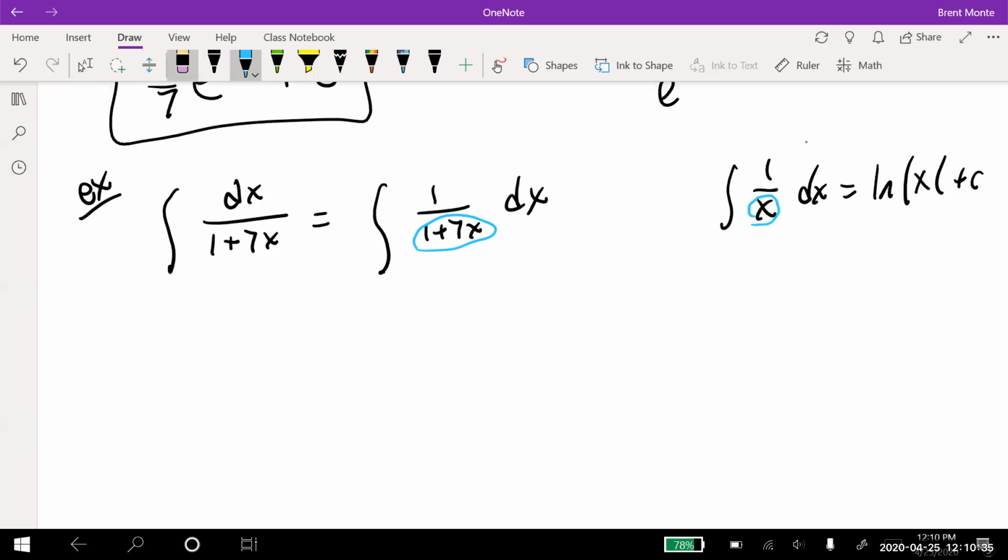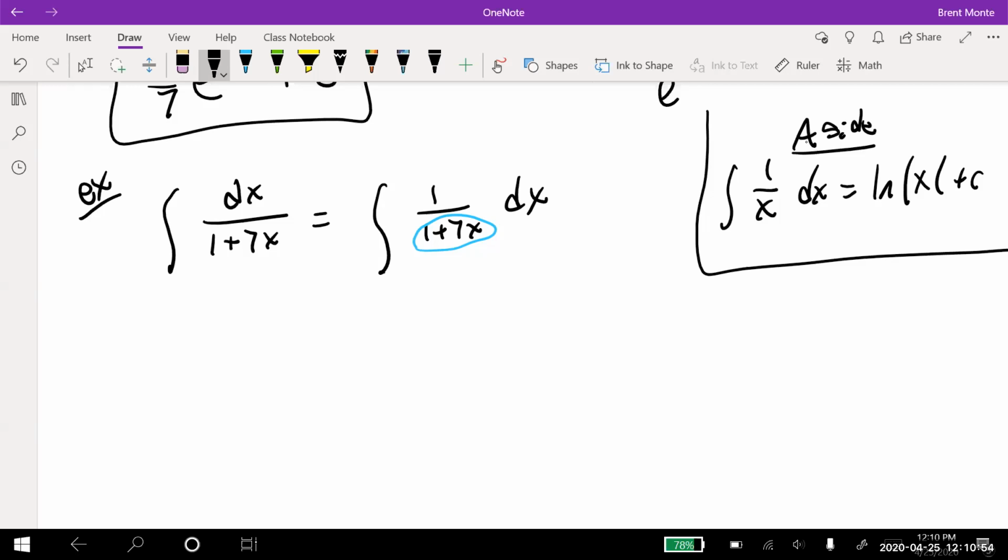I'm going to erase that circle around the x because I don't want you to think that in this problem we're using u as the x. We're using u as the 1 plus 7x. So this is kind of an aside. What we're going to do is let u equal 1 plus 7x.